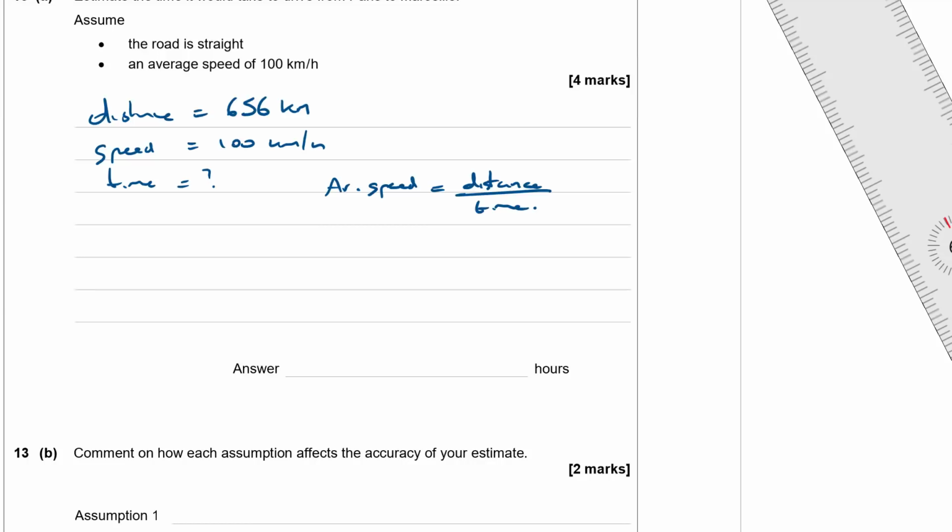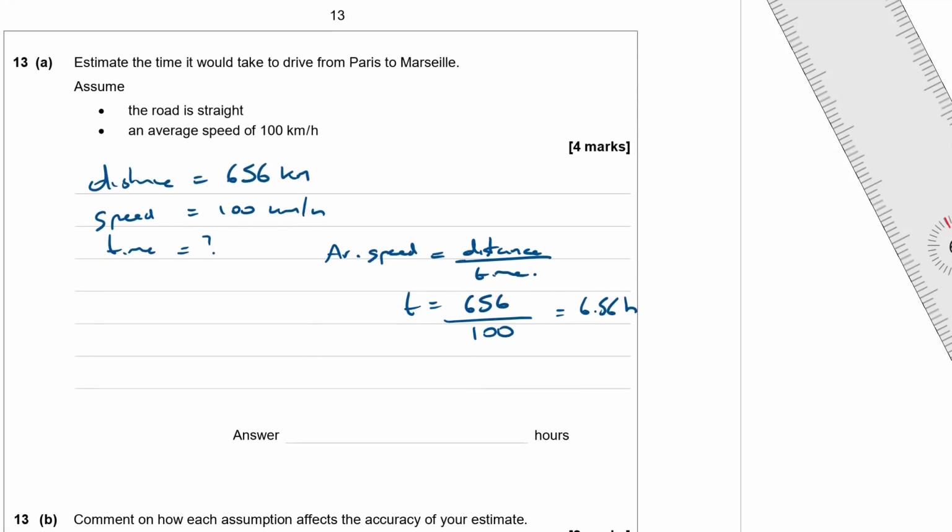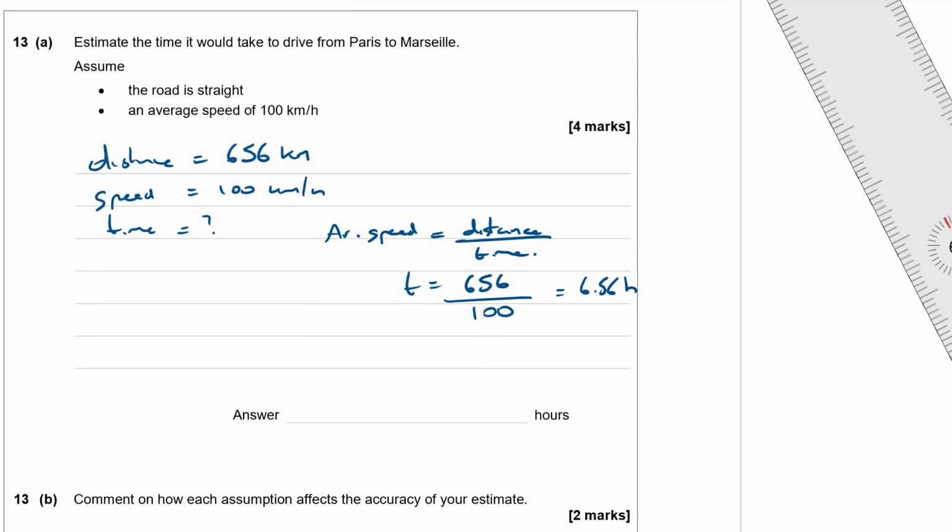So rearranging that for time, time is going to be equal to distance, 656, divided by average speed, which is 100. Okay, and then so that's going to give us 6.56 hours. So I'm going to round that off to 6.6 hours.